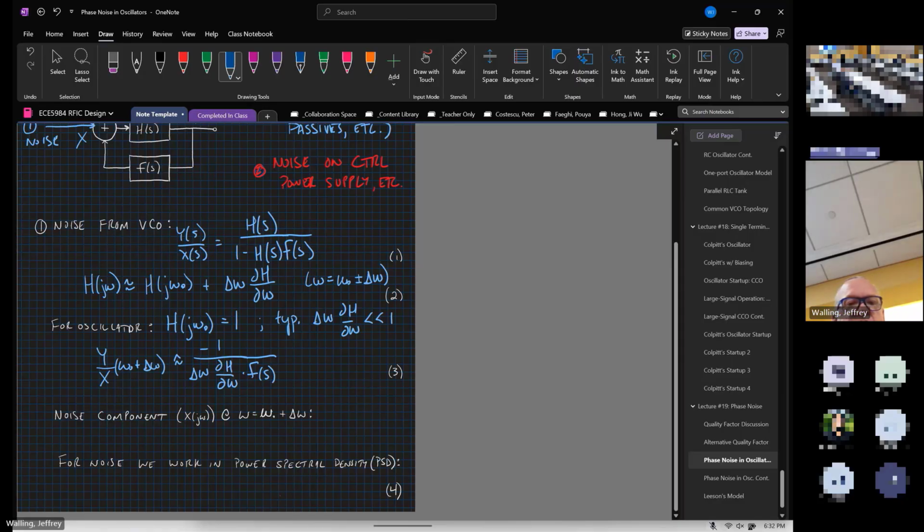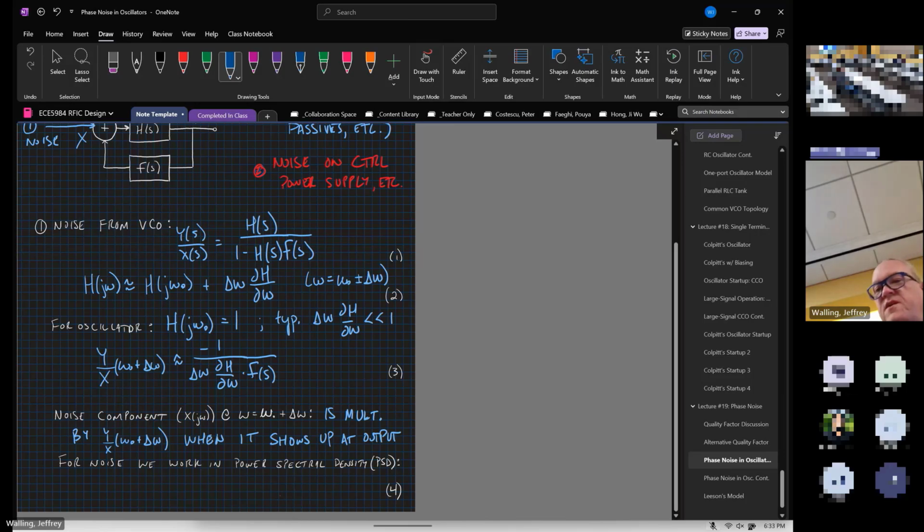Okay, so our noise component is multiplied by this transfer function when it shows up at the output. This is like a gain term for the noise.